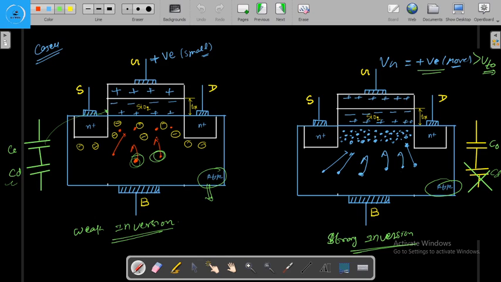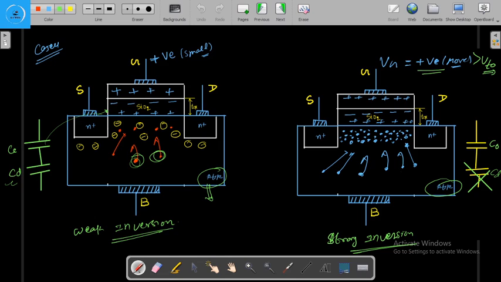So when we are increasing the frequency, or we can say when we are changing the gate voltage more fastly from positive to negative, then if the substrate is p-type, the hole is coming easily because it has holes as the majority charge carrier, but the electrons are very few. If a large number of electrons have to be present here, then those electrons have to break the bond and come here.